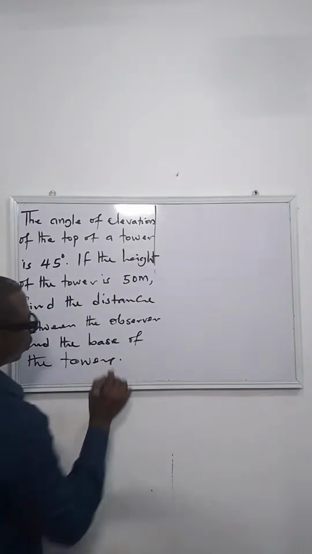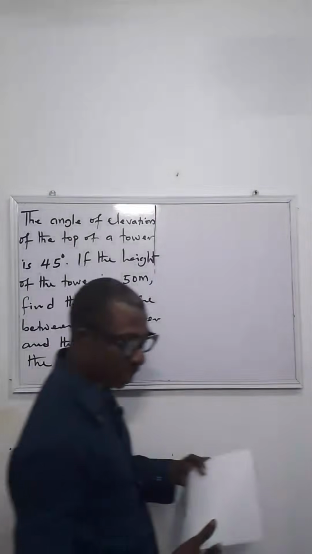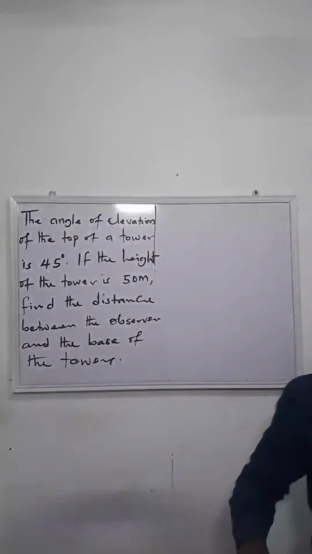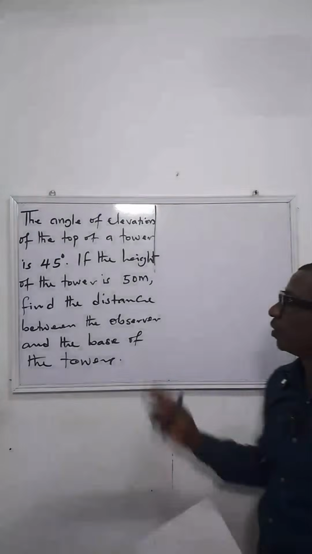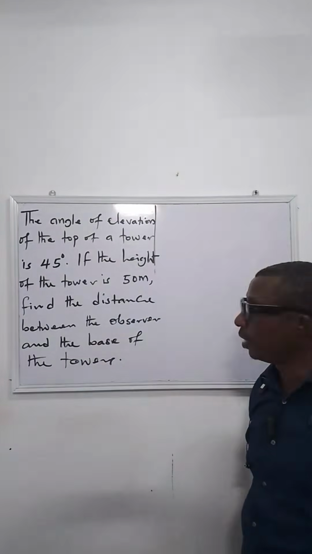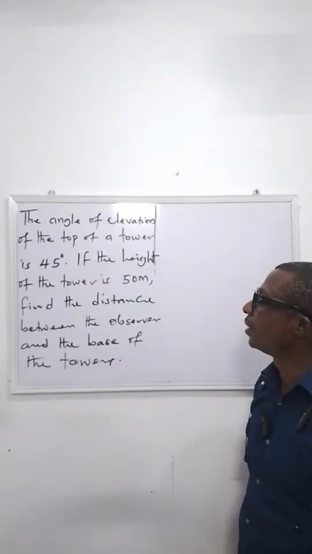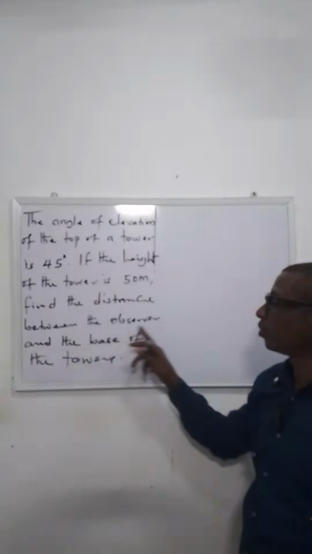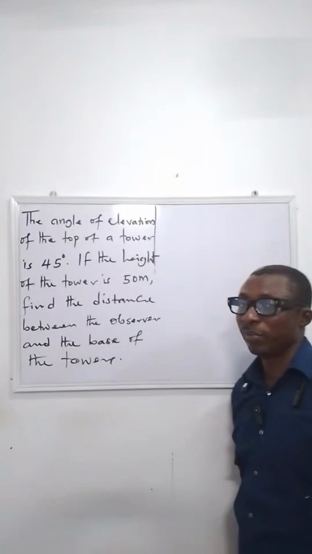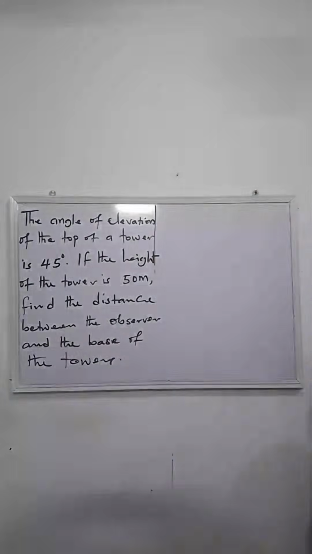Okay, can we see this question on the board? So let's look at this question. Does it look like what we can solve? Yes, the angle of elevation of the top of the tower is 45 degrees. If the height of the tower is 50 meters, find the distance between the observer and the base of the tower. So that's the question.